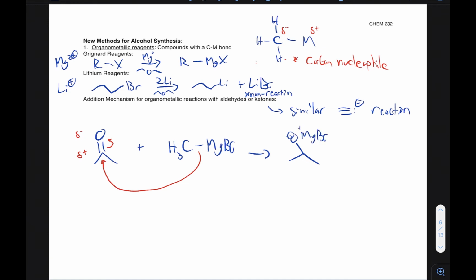So we now have an O-, and this MgBr component is hanging off there, and we have our carbon, that CH3. I'm drawing in that carbon very explicitly here.